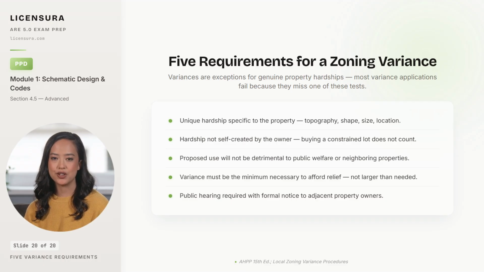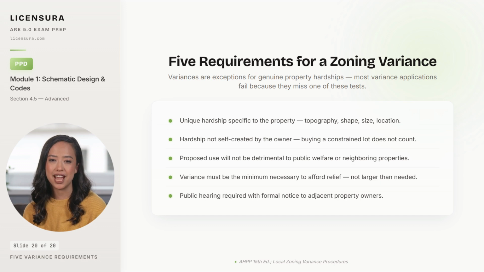Third, the proposed variance must not be detrimental to public welfare or to neighboring properties. The variance cannot reduce parking below what neighbors need or increase shadow impacts on adjacent lots beyond reasonable. Fourth, the variance must be the minimum necessary to afford relief. Applications requesting more than the property needs are routinely rejected.